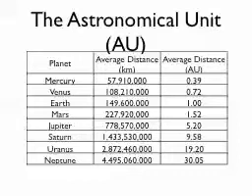Now, our dwarf planets are not on this chart, and some of them are closer to the Sun. Like Ceres is only 2.3 astronomical units from the Sun. It is in between Mars and Jupiter in the asteroid belt.